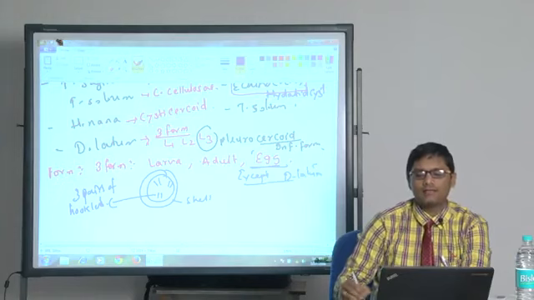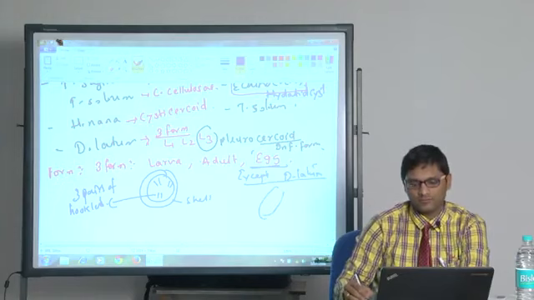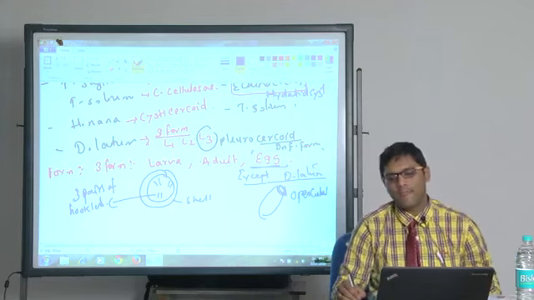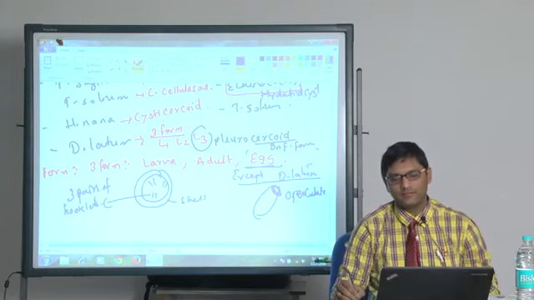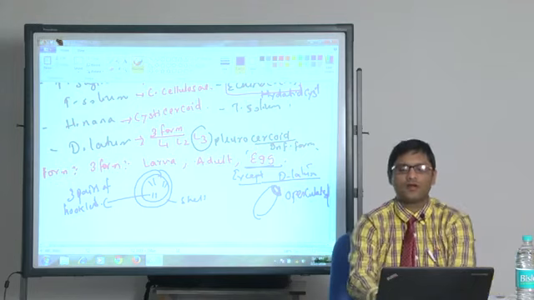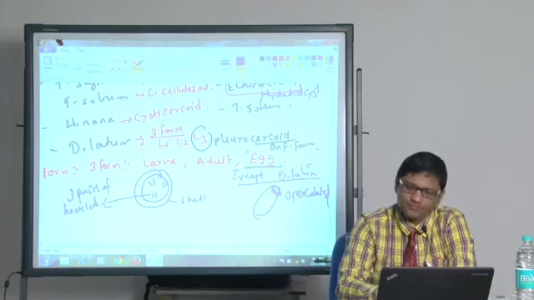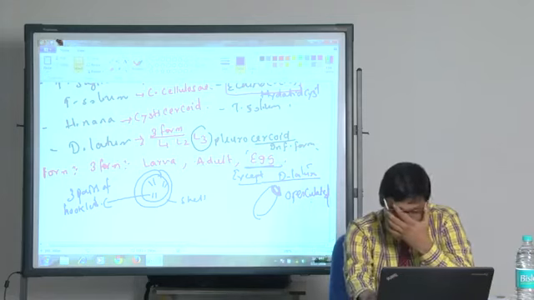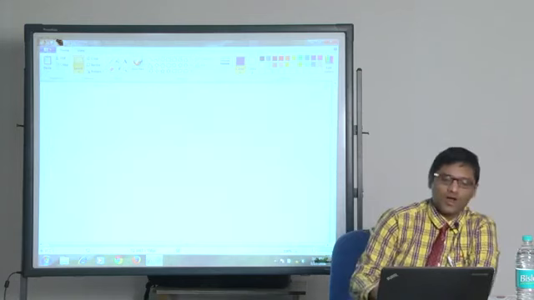D. latum, the egg is operculated. Operculated means what? There is a lid. Operculated egg. Fine. So, with this introduction, now let us attack one by one.